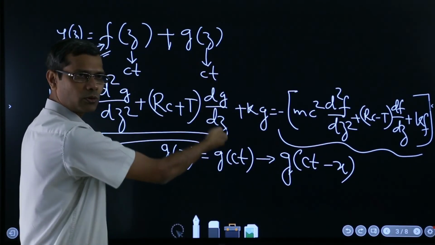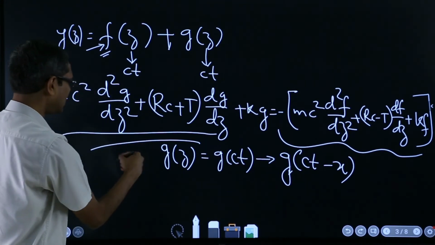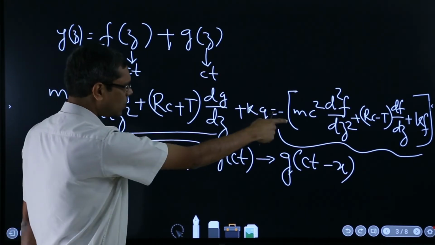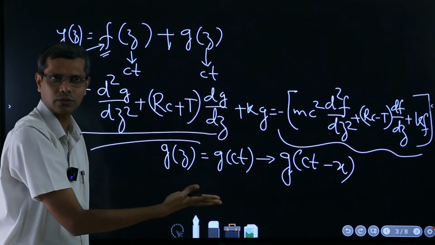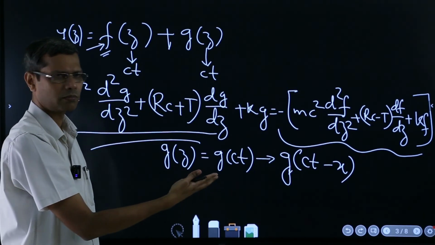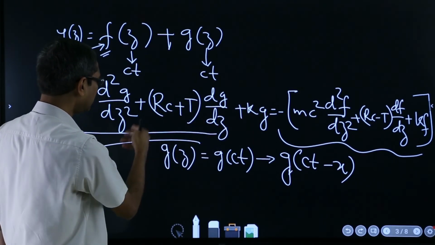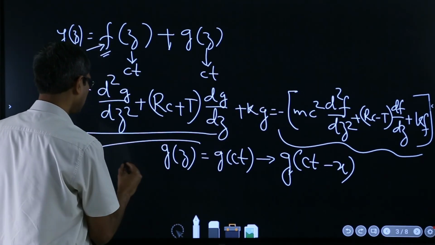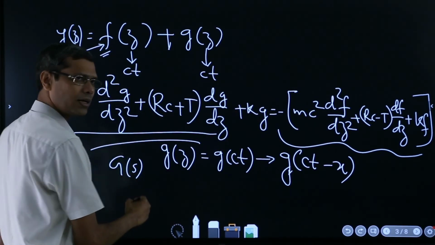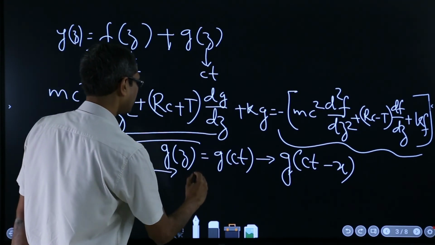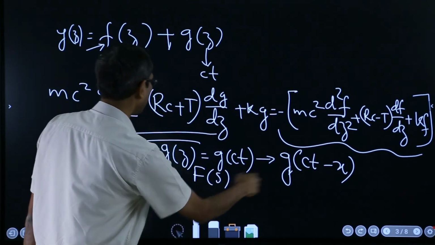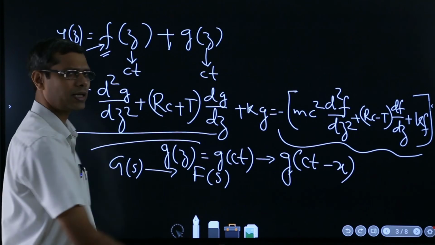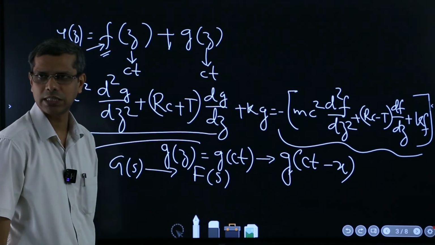It will become G in the Laplace domain, and you know how to solve this in the Laplace domain. Just transform into the Laplace domain and get G(s) in terms of F(s), and then just take the inverse Laplace to get g(t).